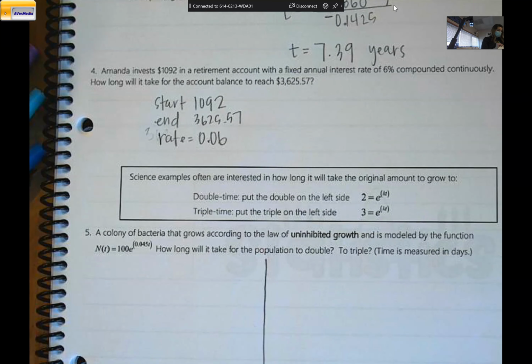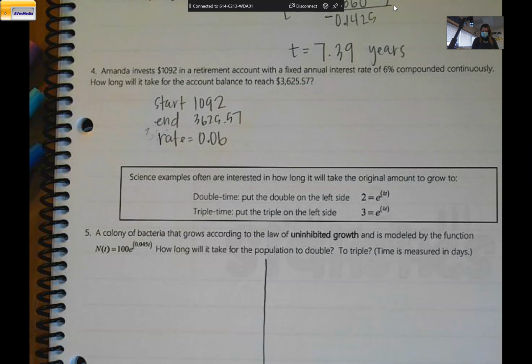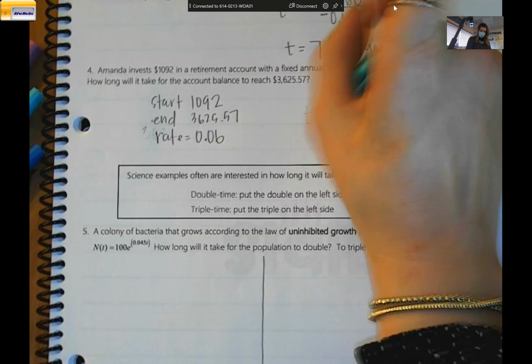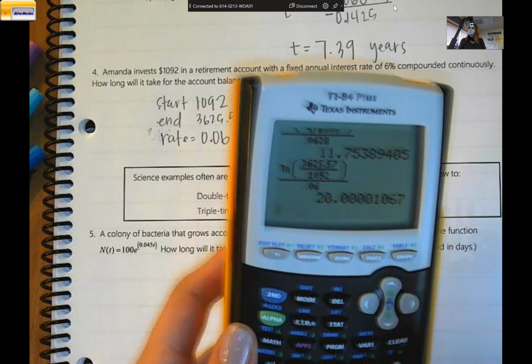If you plug all of that in correctly, your time is 20 years, is that what you guys got? So I got 20.0000.